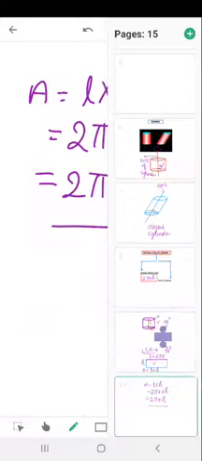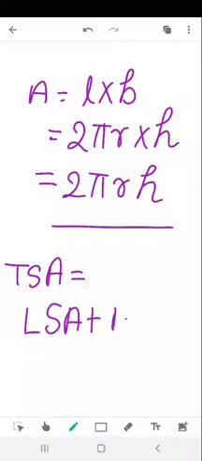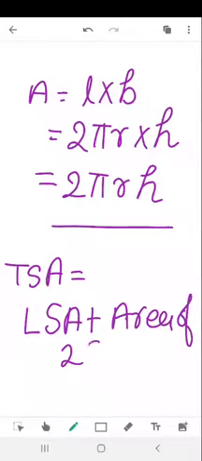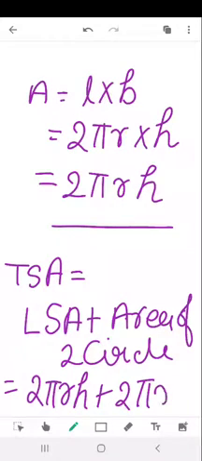So the total surface area will be equal to lateral surface area plus area of two circles. Lateral surface area is 2 pi r h and the area of two circles is 2 pi r square.